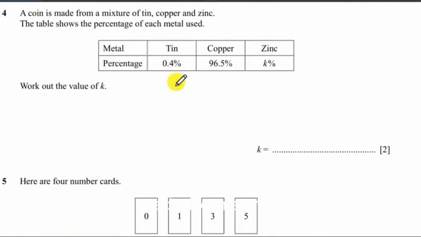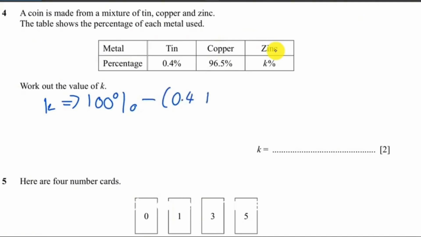A coin is made from a mixture of tin, copper, and zinc. Given the percentages of the metals used, tin 0.4%, copper 96.5%, and zinc K%. We need the value of K. So to find K, it's going to be given by 100%, since these are percentages. 100% minus 0.4 plus 96.5.